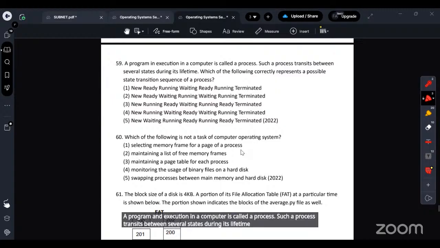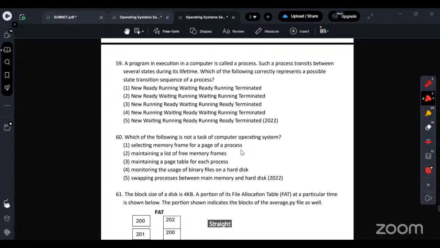Which of the following correctly represents a possible state transition sequence of a process? Which of the following is correct, guys?